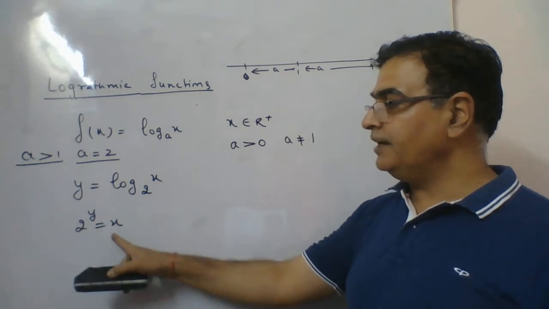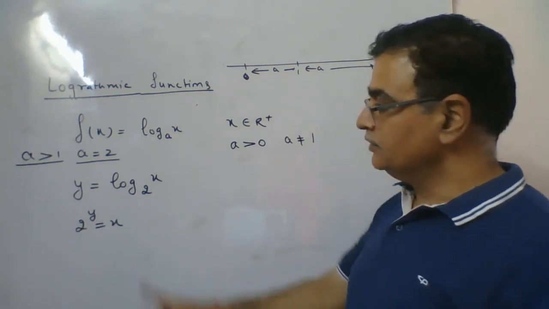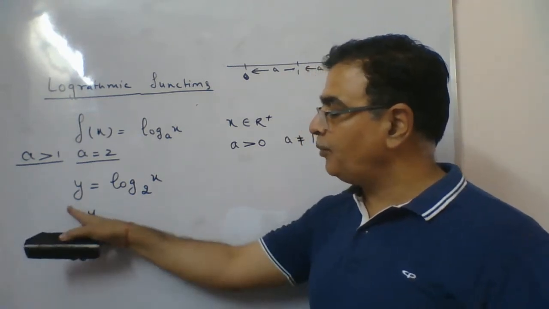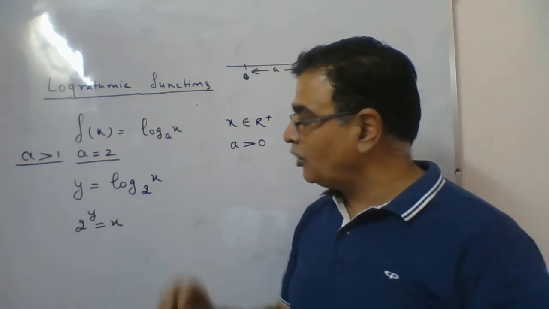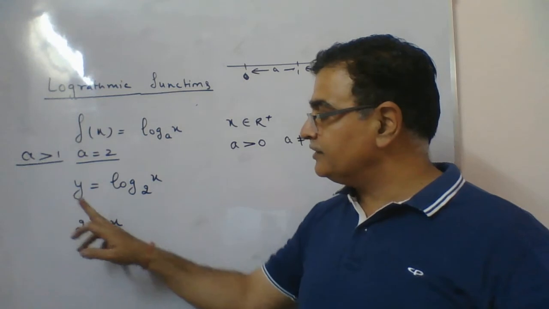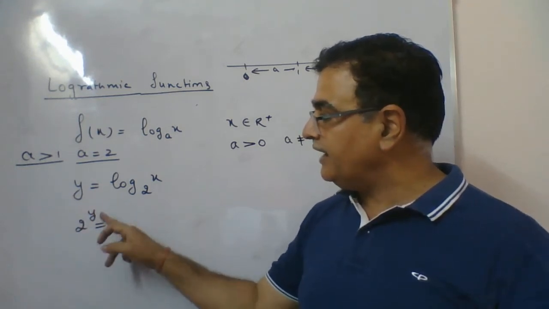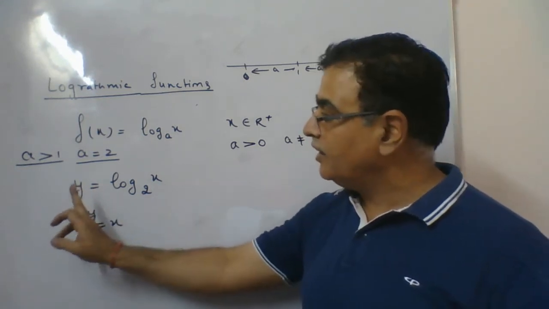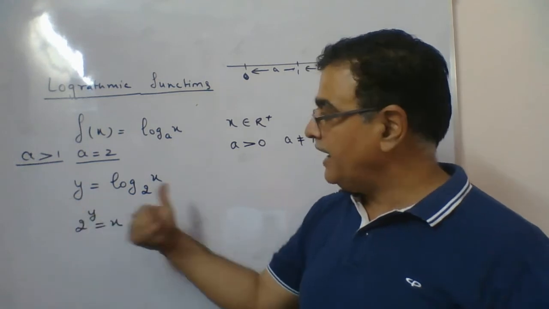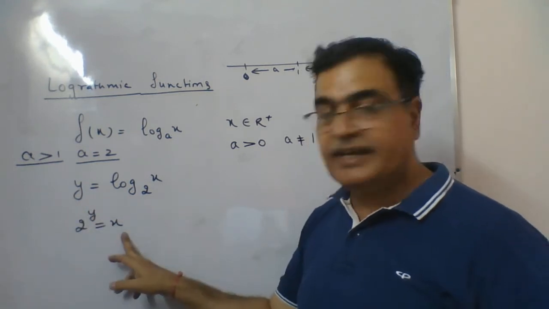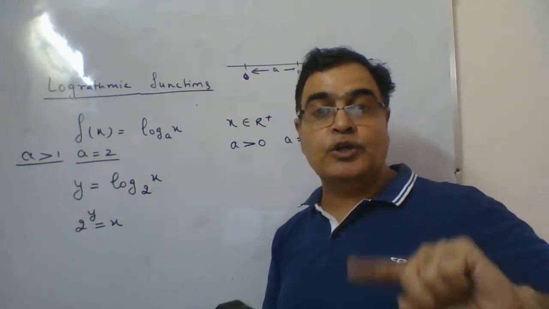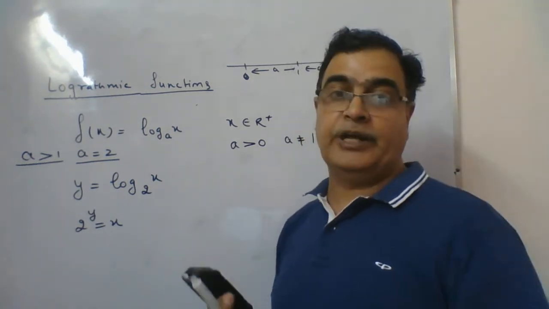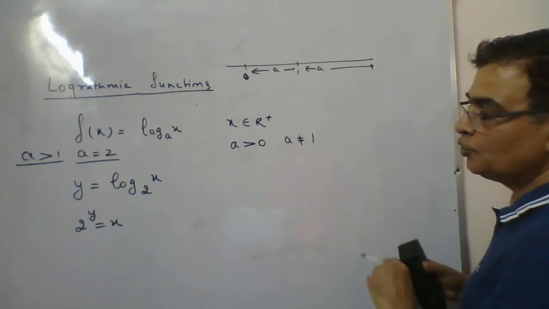The graph is one and the same here, the only change is that y takes the place of x and x takes the place of y. So I am going to put values of y and find out x, then it will be easy to plot this graph.